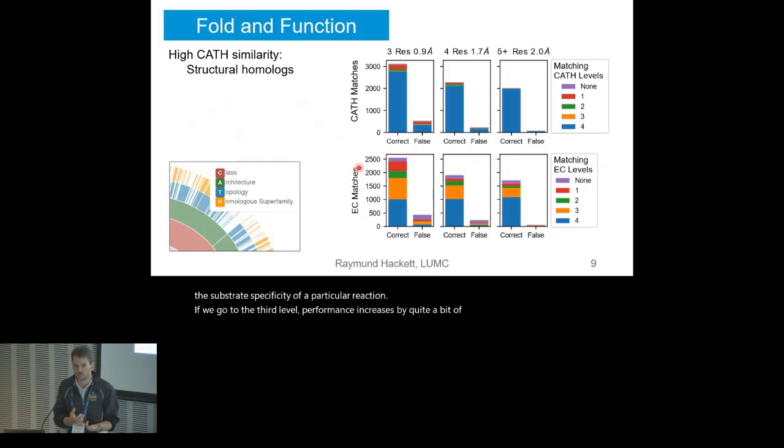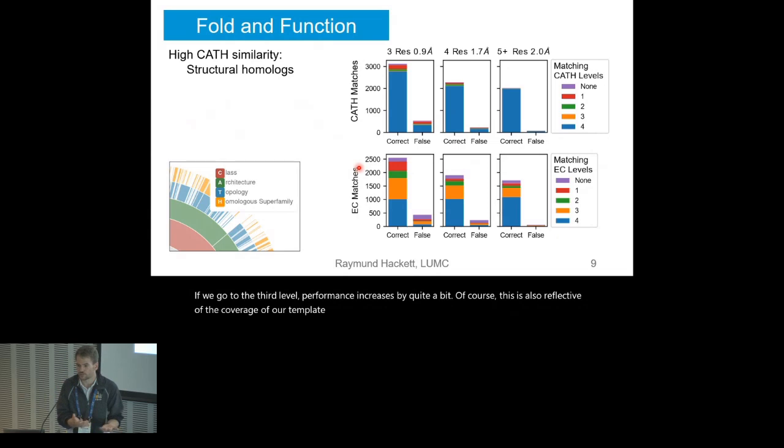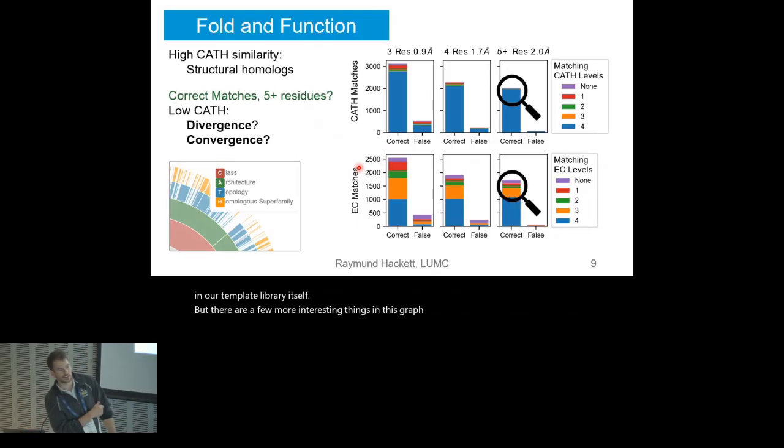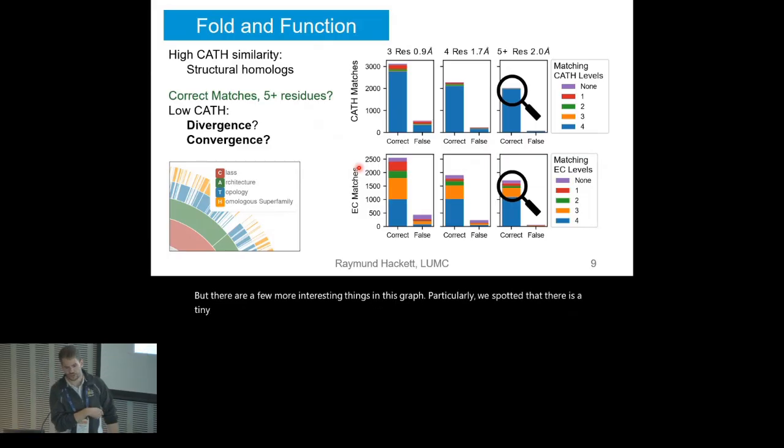Of course, this is also reflective of the coverage of our template library. We can, of course, only identify what is already in our template library itself. But there are a few more interesting things in this graph. Particularly, we spotted that there is a tiny little fraction of matches, even with really large templates, where the CATH classification system doesn't match.